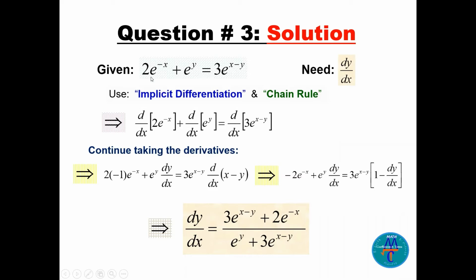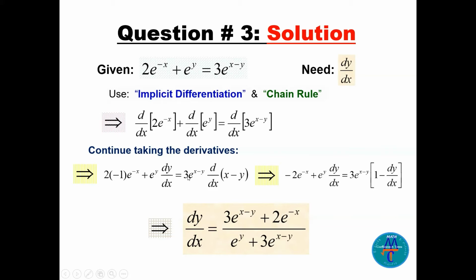The derivative of the first term will be 2 times the derivative of the exponent, minus 1, times the same function, e to the minus x. The derivative of e to the power y will be also e to the power y times dy over dx, because y is a function of x.